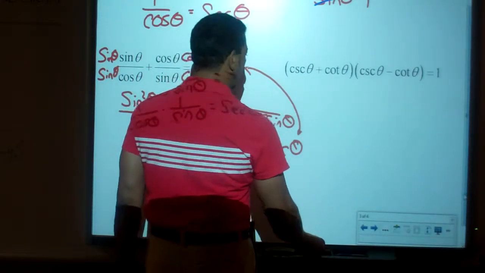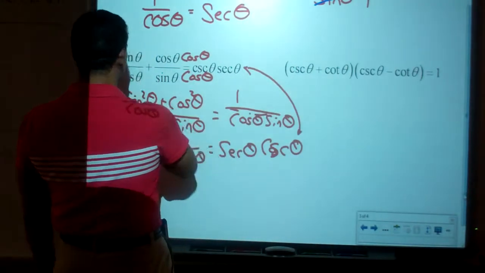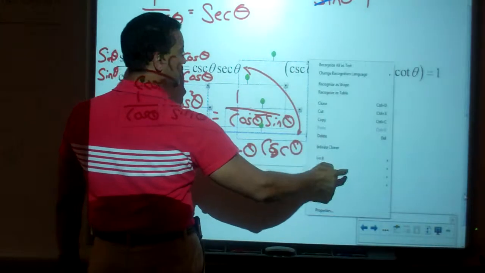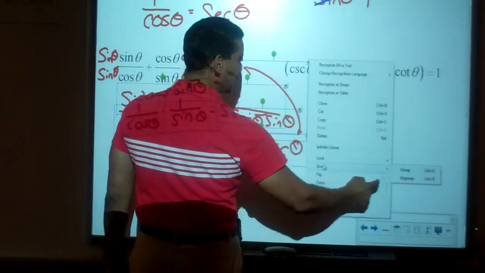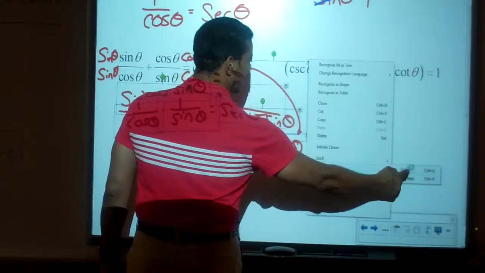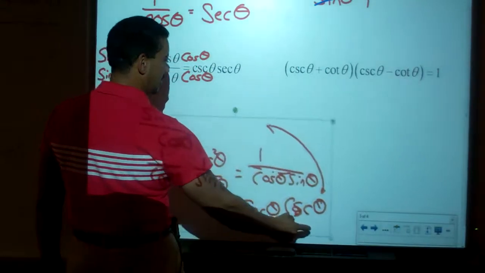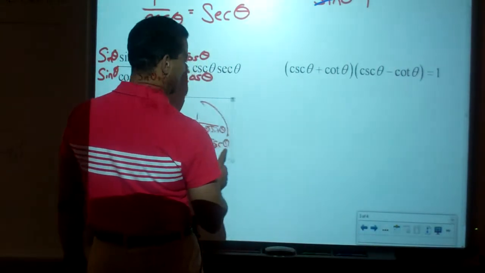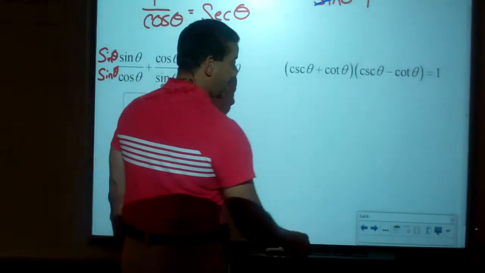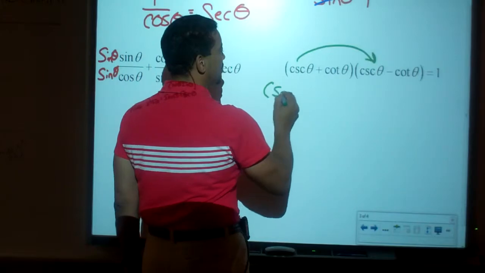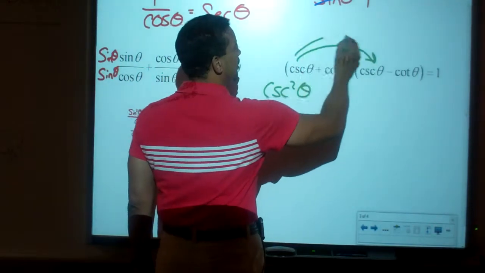So if I FOIL it, let's get rid of some of this for a second here. Group it. There we go. Alright, so multiplying here and here, we get cosecant squared theta.